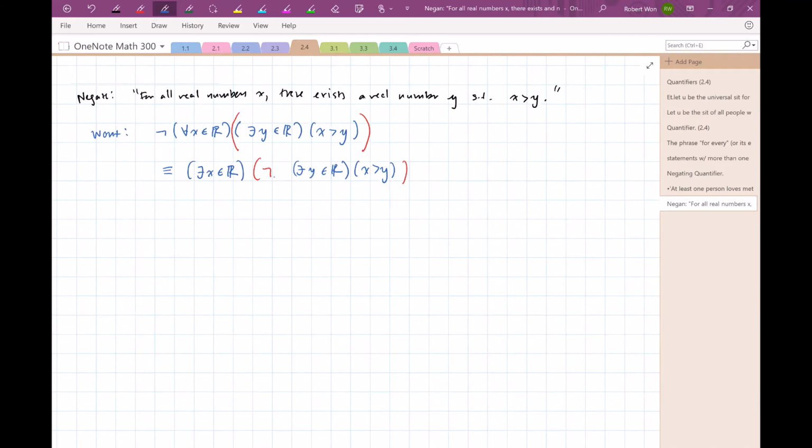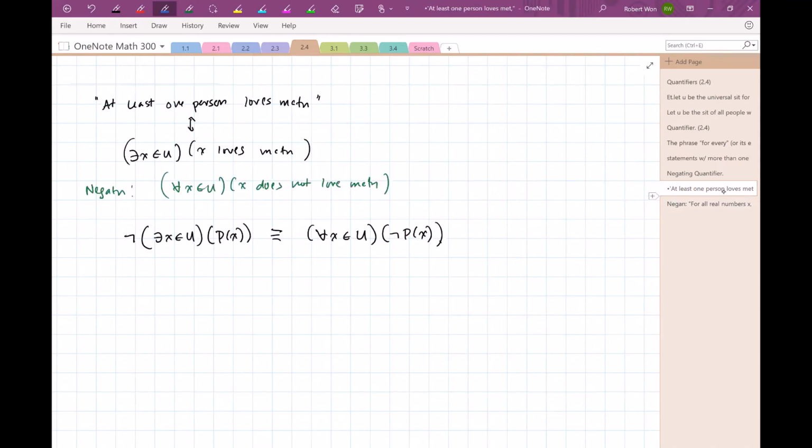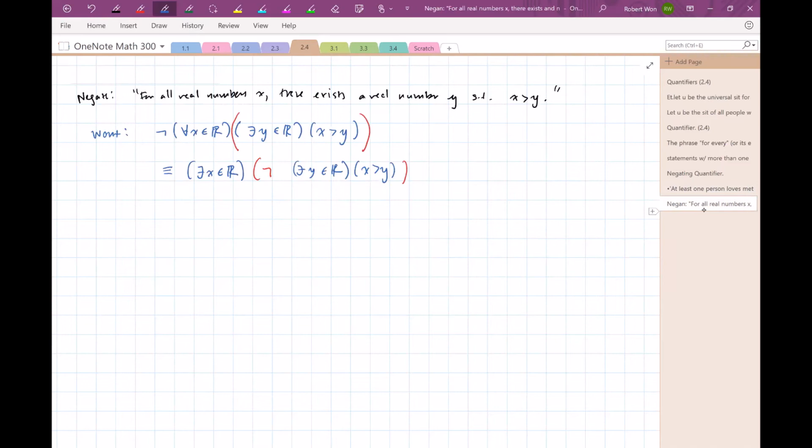I sometimes say qualified when I mean quantified. And we know how to negate an existentially quantified statement. You flip it to a universal, and then you negate everything that comes after it. So this should be equivalent to: there exists an x in R such that for all y in R, the negation of x is greater than y. This is just using the things on the last two slides.